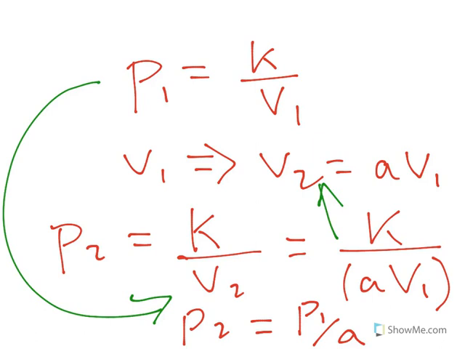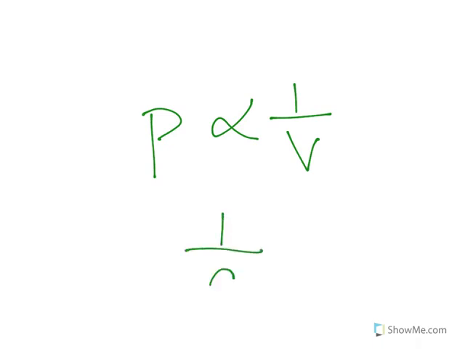So, because we have the proportionality relation, P is proportional to 1 over V, if we have a new V that is the initial V multiplied by some factor, then we find that P changes by 1 over that factor.